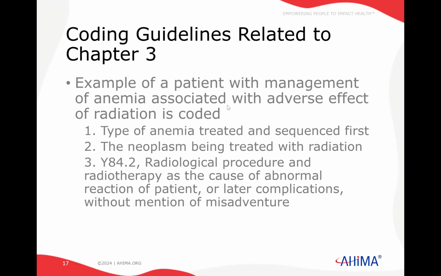And again, likewise, a patient with management of anemia that is an adverse effect of the radiation. The anemia would come first, followed by the neoplasm, and then the radiological procedure and radiotherapy as the cause of an abnormal reaction of the patient.